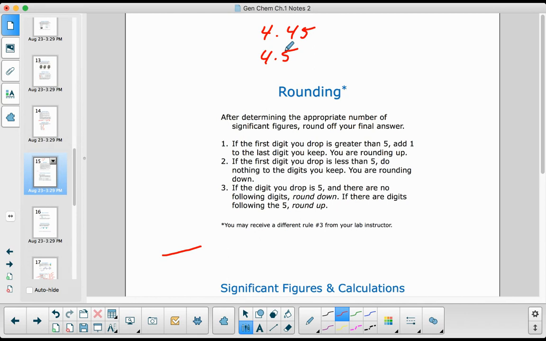And if my value were 4.44, and I had to report my answer in 2 sig figs, then I would report my answer as 4.4. That's really the easiest way to think about rounding. I'm going to stop there for now, and I'll be back.